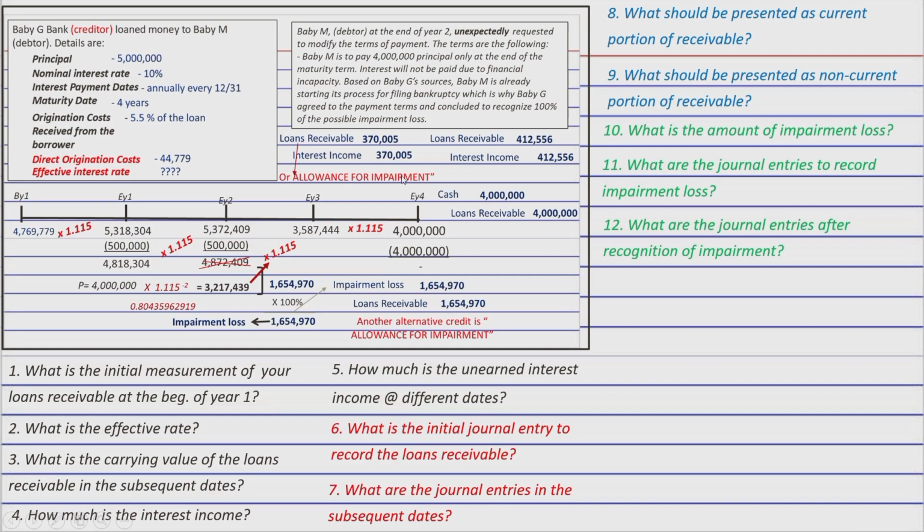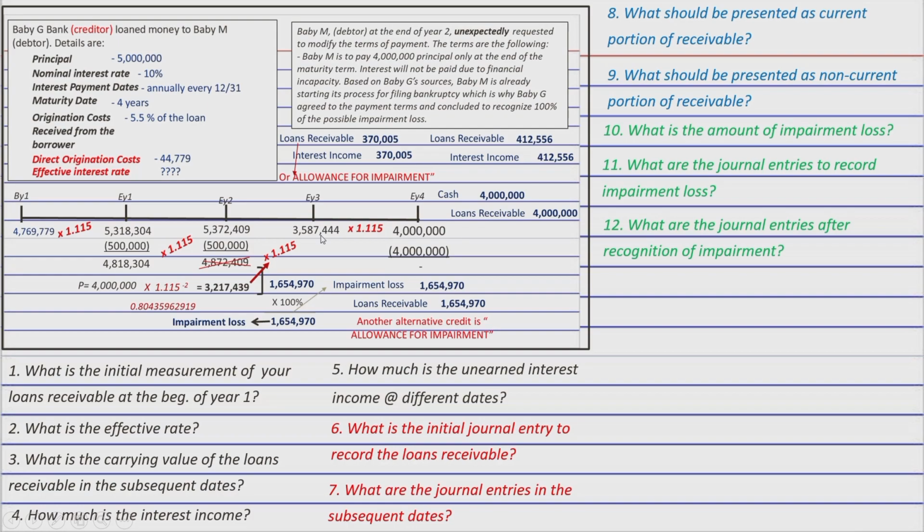And the balancing figure, it's debit or credit loans receivable. Yes, the loans receivable can be debited or credited. The loans receivable will be debited if the receivable increased, just like in this example. But sometimes it will be credited because sometimes it is decreased due to payment of the debtor.